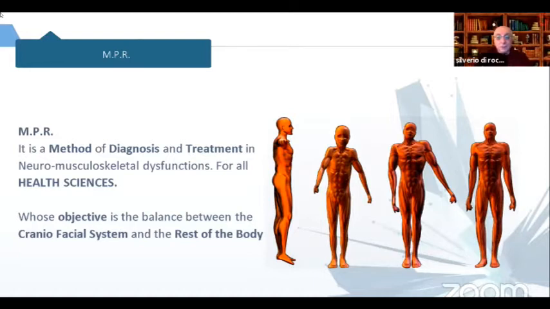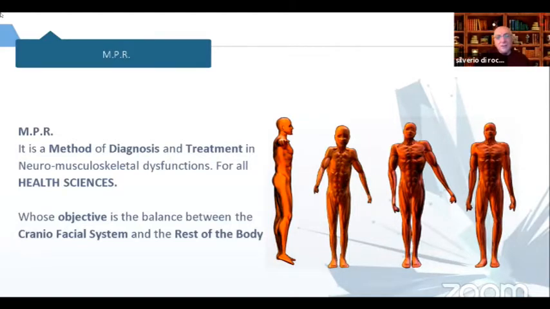We have to work in an interdisciplinary team to work better and to have a better result. And the objective of M.P.R is to put in balance the craniofacial system and the rest of the body, which is the tonic postural system.